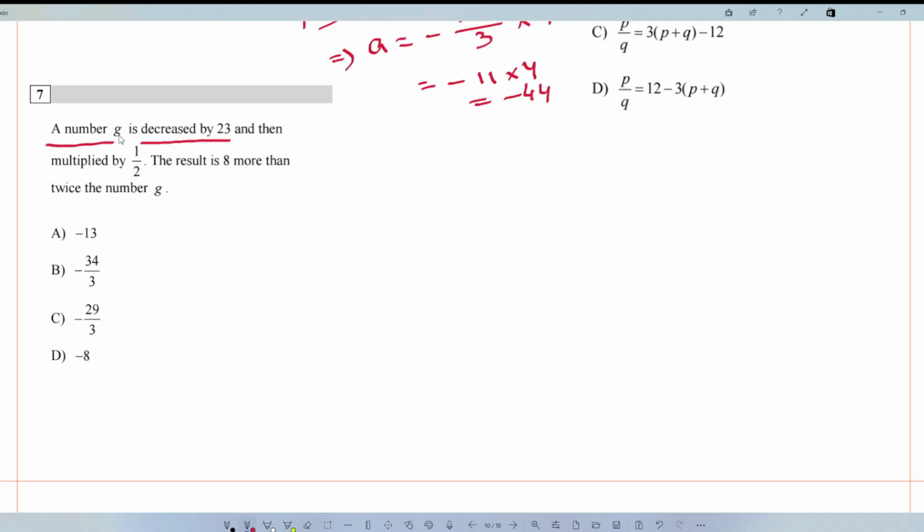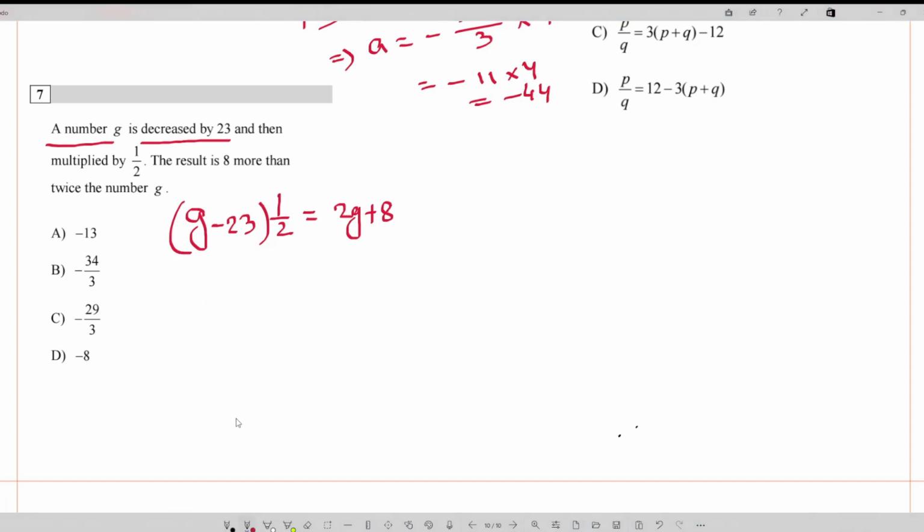Look, a number g is decreased by 23, so g minus 23, then multiplied by 1/2, equals the result 8 more than twice the number g. So twice the number g, and more means plus 8, so we will find g.